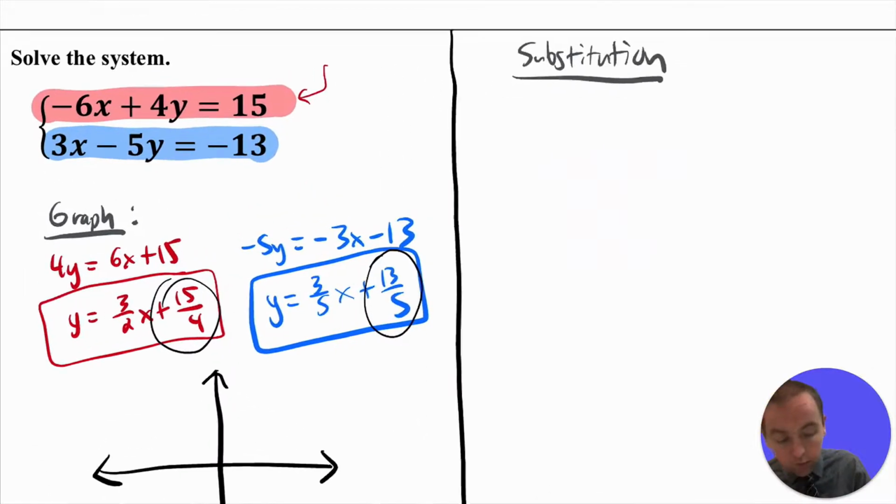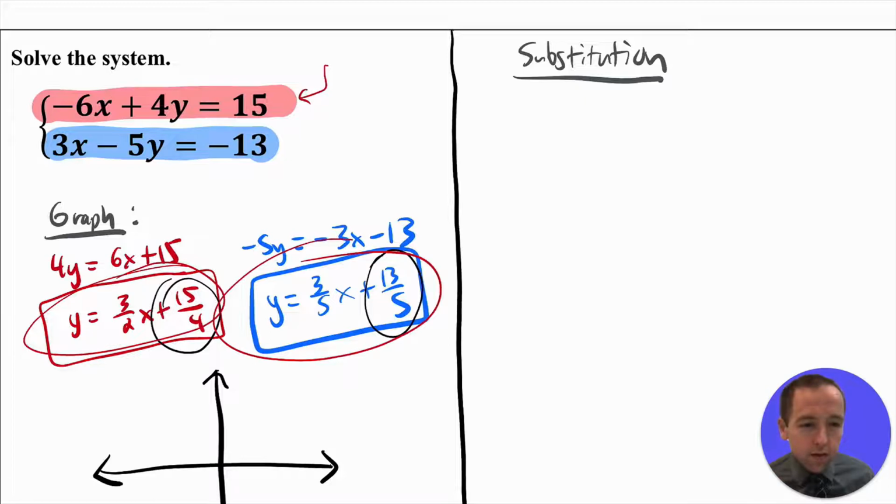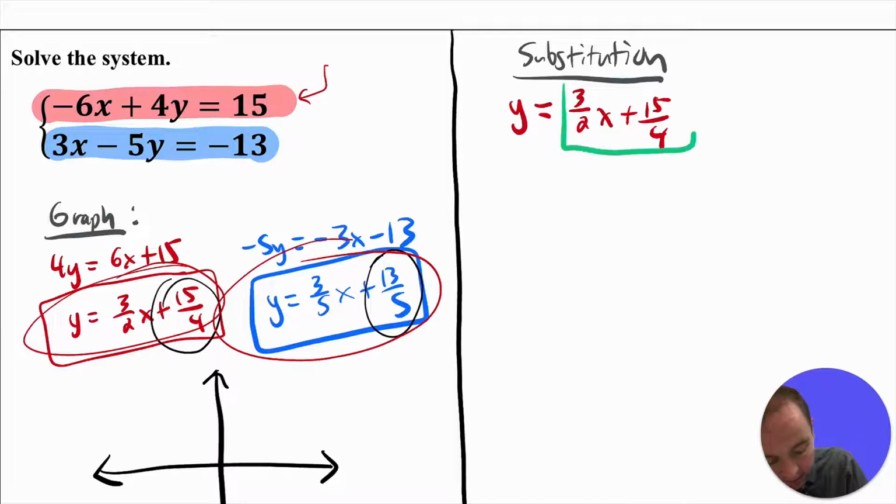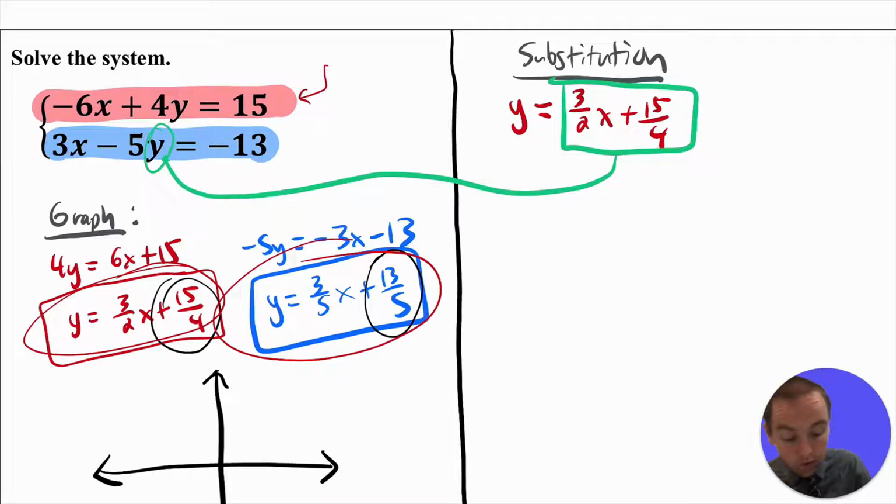If we're doing substitution, you have to substitute into the other equation, given that you've isolated a variable from the first equation you've worked with. Just note that we've actually done so with both of the equations. We've isolated a y. So let's say I take the red equation where we isolated the y. Once you've isolated the y, you can take this expression, since that's what is equivalent to y, and substitute it in for y in the other equation.